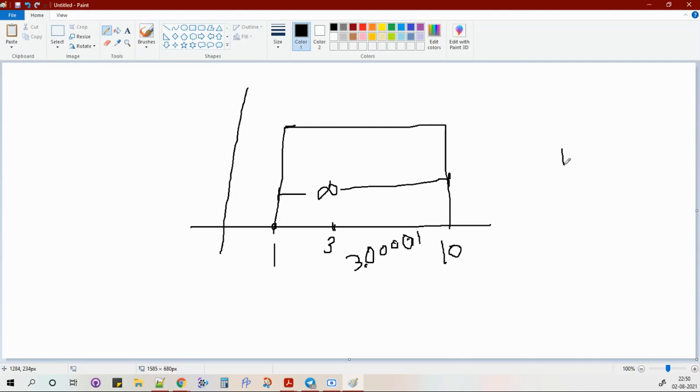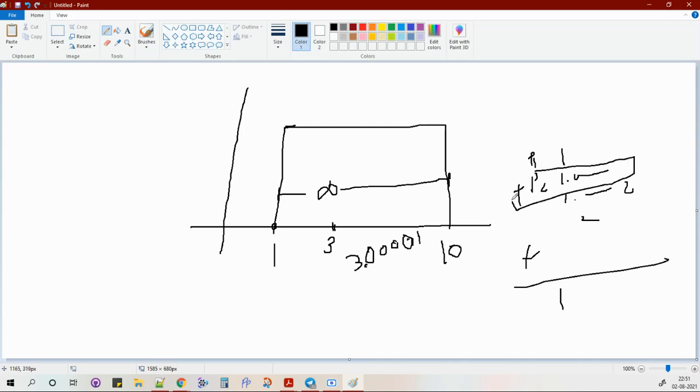The probability of 1, probability of 1.0001, 1.0002, 2, like this, all these numbers, if I give each a probability, all these probabilities should sum up to 1, right? And there are infinite parts, right? So what would be the probability for any particular number?